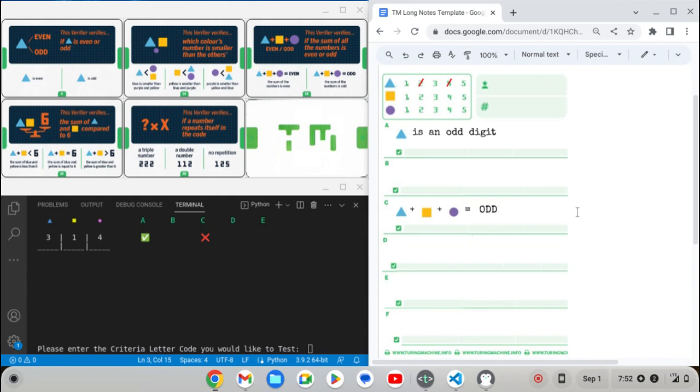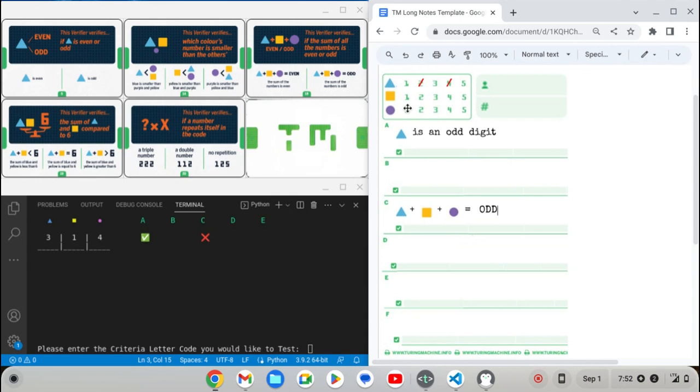And since the overall sum does need to be odd, let's look back. So we know that triangle's already odd. So the only way to accomplish the overall sum to be odd is there are 2 scenarios. Either square and circle can both be odd, right? The sum of 3 odds is an odd value.